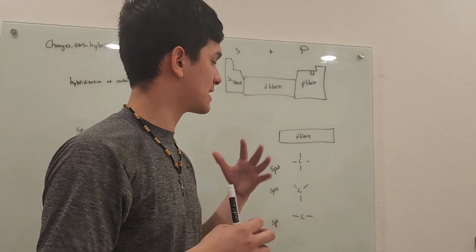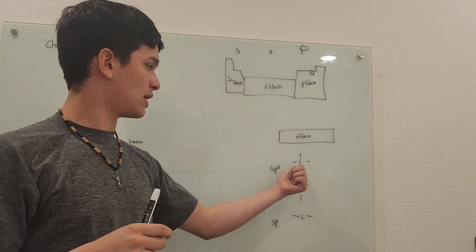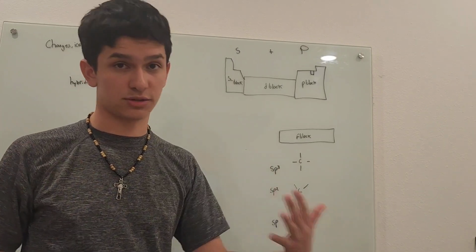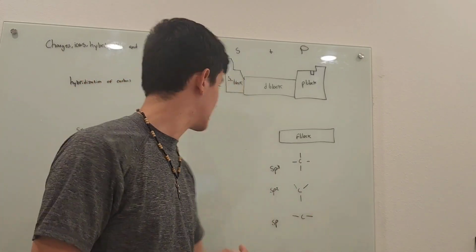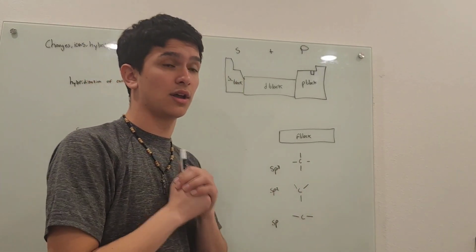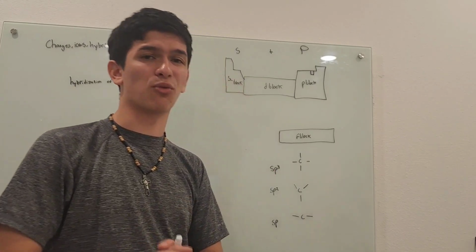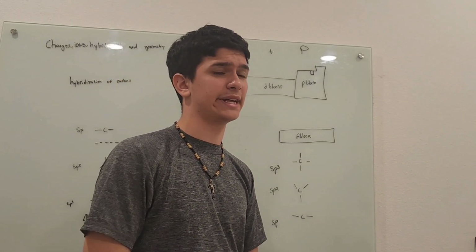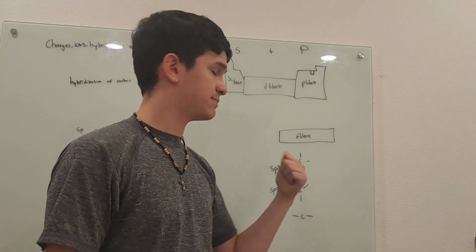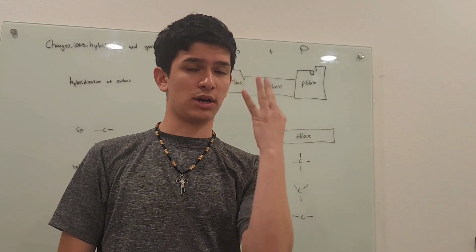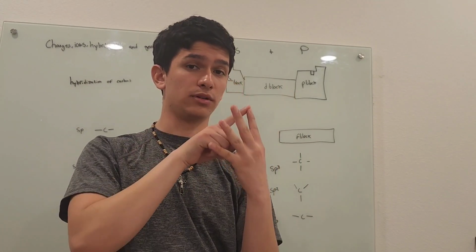So if your carbon has 4 bonds, 1, 2, 3, 4, then that's what you expect your carbon to have, unless it's a cation or an anion. Your carbon should be sp3 hybridized. A way I like to remember is that in sp3, you have 3 p's and 1 s, so 1, 2, 3, 4 bonds, right?